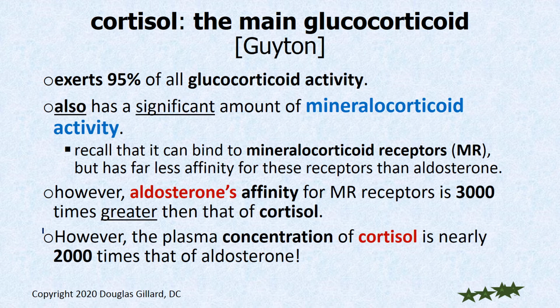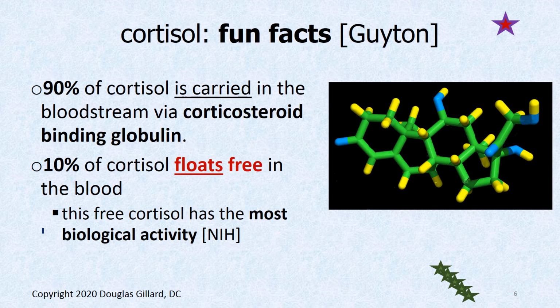So it has some trouble, but it can bind to it. Interestingly, though, on the other hand, the plasma concentrations of cortisol are 2,000 times that of aldosterone. So there's a lot of it around.